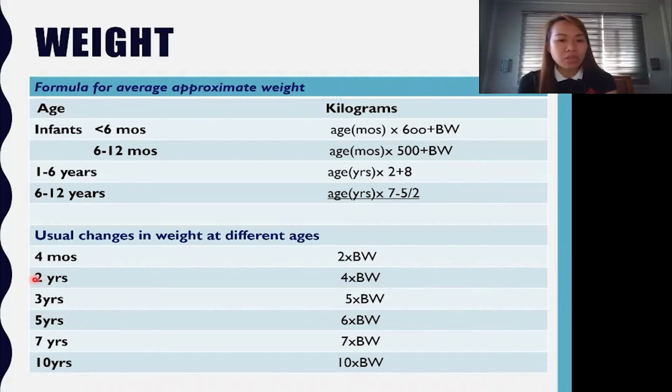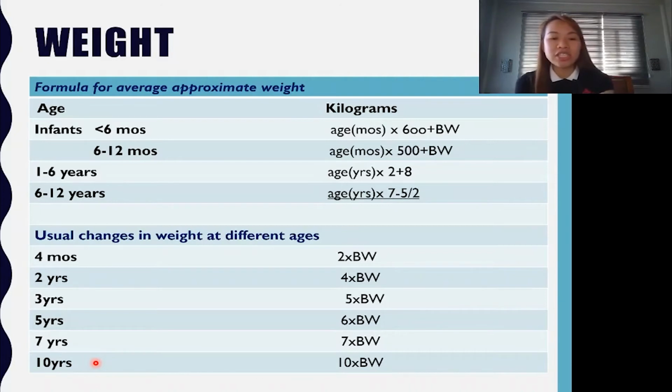At 2 years old, it will quadruple or 4 times the birth weight. 3 years will be 5 times the birth weight. 5 years old is 6 times the birth weight. At 7 years old, 7 times the birth weight. And at 10 years old, it's 10 times the birth weight. So for example, the birth weight is 3 kilos. We expect that the child at 10 years old will be at 30 kilos already.